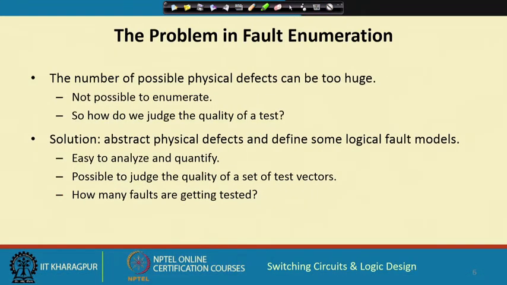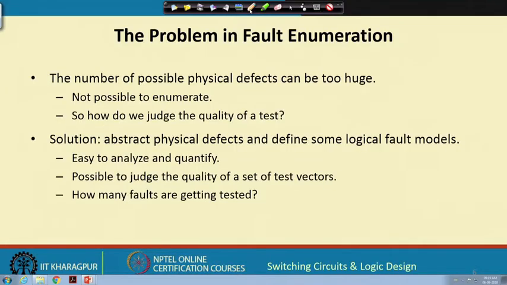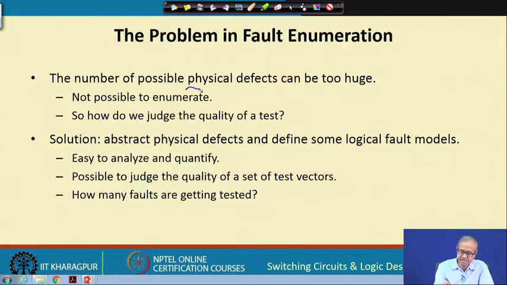Now, talking about the faults, how many faults may be there when you are doing testing? There are some important points to note. In a circuit, the number of physical defects can be enormously large. When you say physical defects, there can be a short circuit, there can be an open circuit.